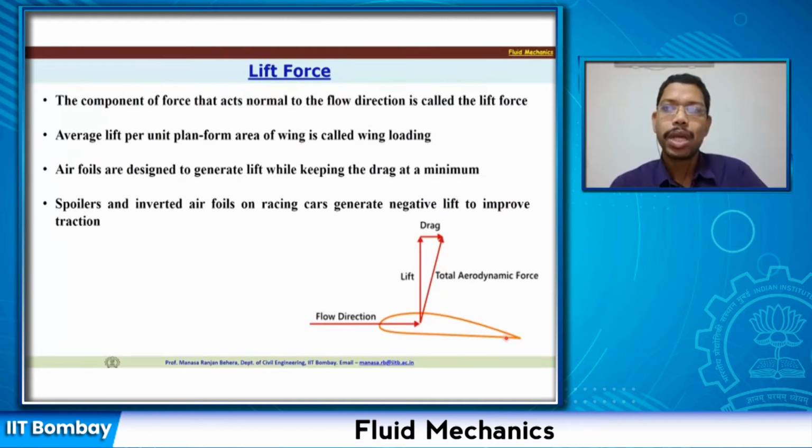Hence, the airfoils are designed to generate lift while keeping the drag at a minimum so that they can move faster. Because if the drag force is higher, then there is higher fuel consumption and the speed is going to reduce. Drag has to be less and lift has to be more, so that the aircraft can move with a higher velocity as well as lift up to the required altitude.